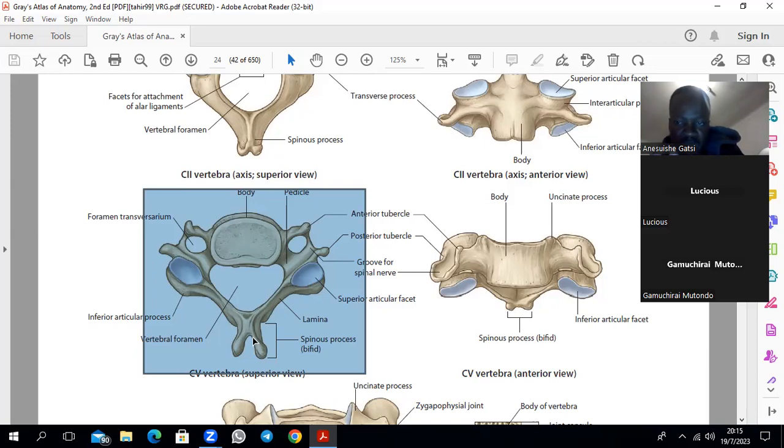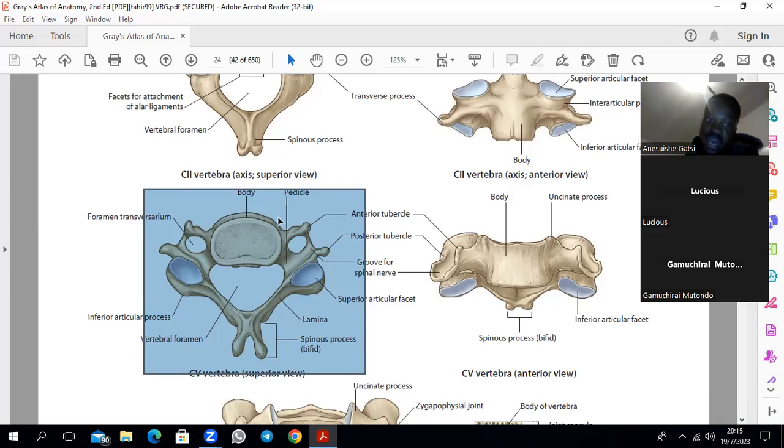Still on this spinous process, it is only in the cervical region where you see a bifid spinous process, one that divides into two. All the other spinous processes for all the other vertebra are not divided. Right? So it's only in the cervical region where you have a bifid spinous process.